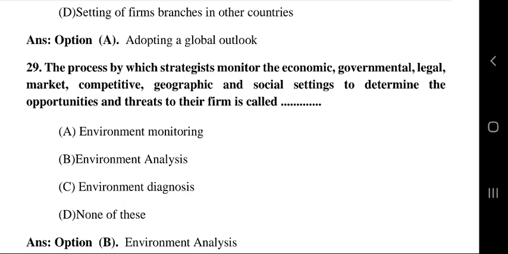Options are environment monitoring, option B, environment analysis, option C, environment diagnosis, and none of these. Option B is the answer, environment analysis.